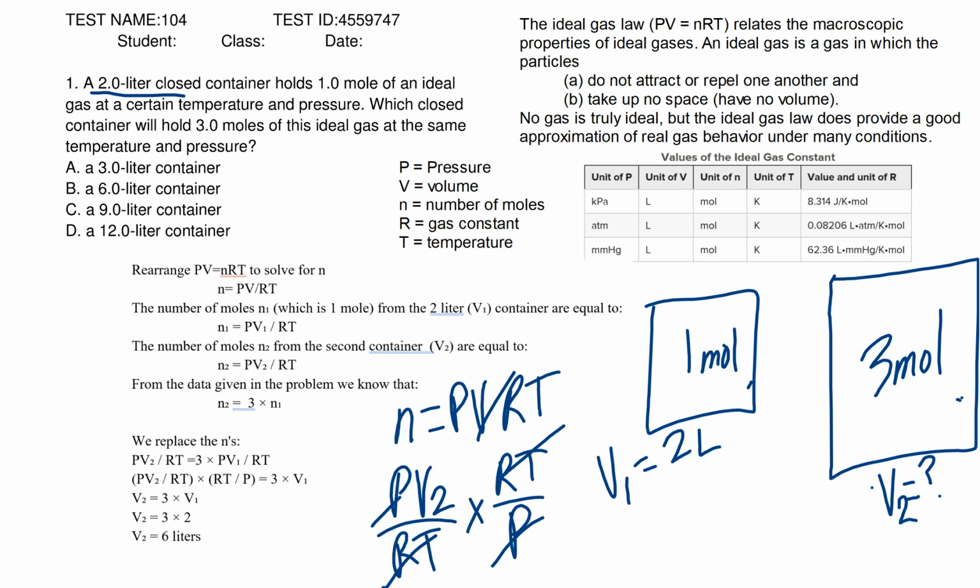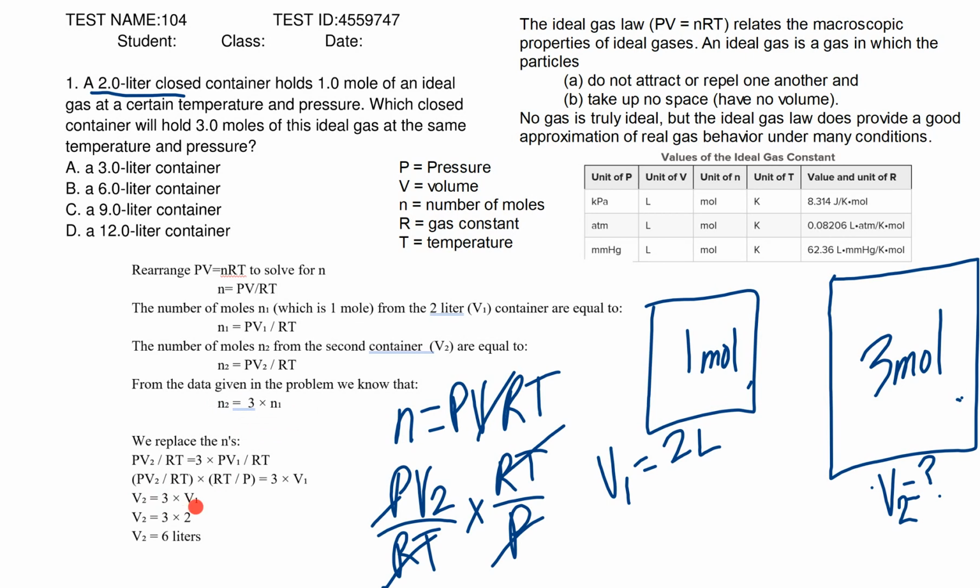So now we're going to substitute. P V2 divided by RT should equal 3 times P V1 divided by RT. The 3 is coming from right here. Now we're going to simplify. Our P's cancel, our RT's cancel, and that leaves us with V2 equals 3 times V1.